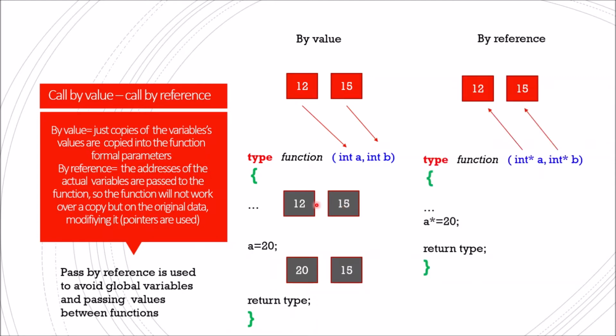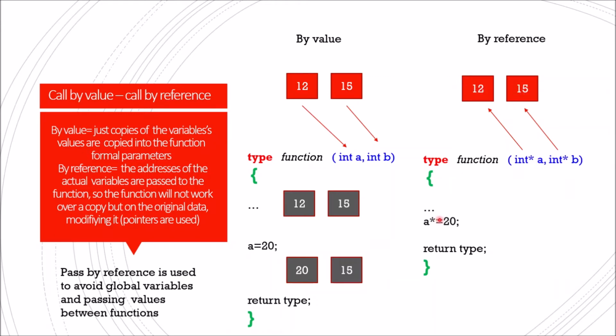Okay. The call by reference of a function is when we pass the reference or the address of the original values. That is, instead of copying the value of 12 inside our inner variable here, we are making two pointer variables point to the original values.